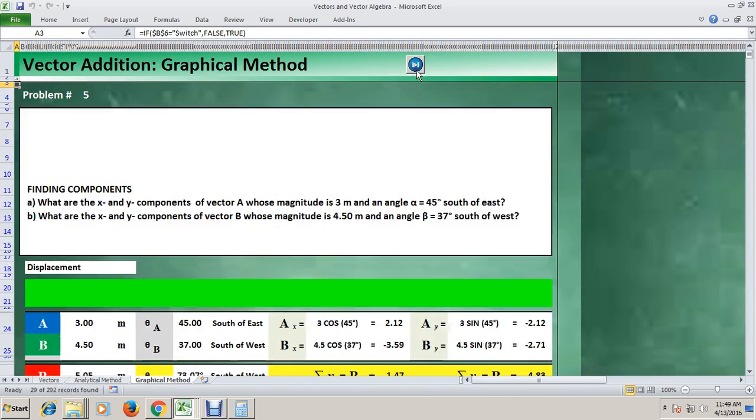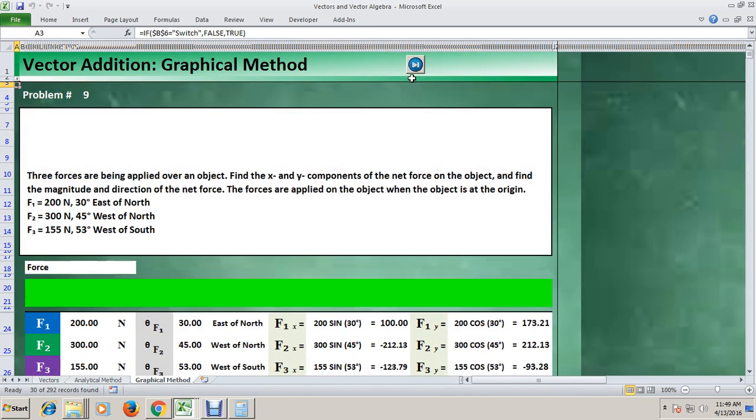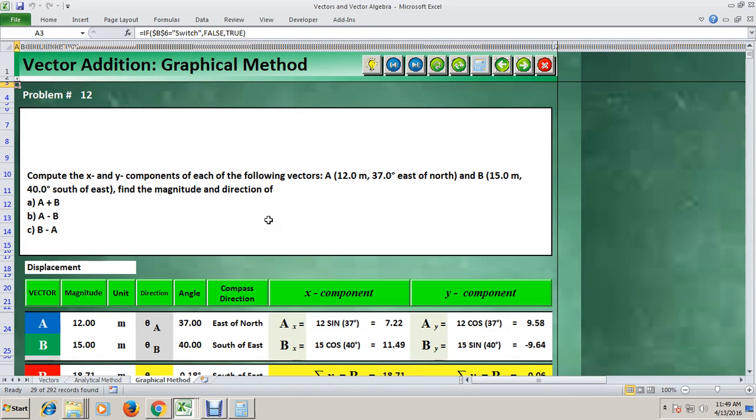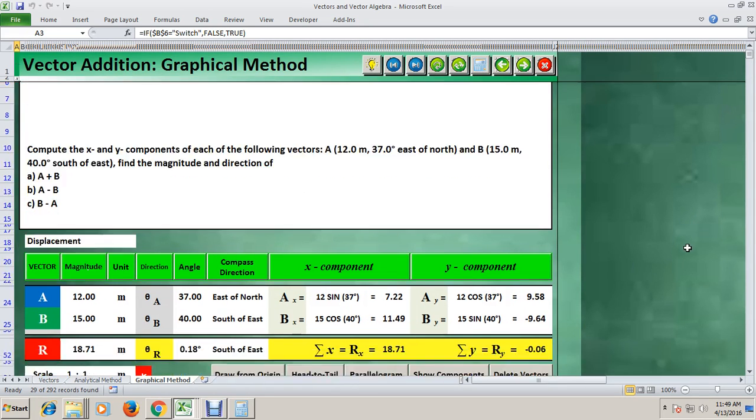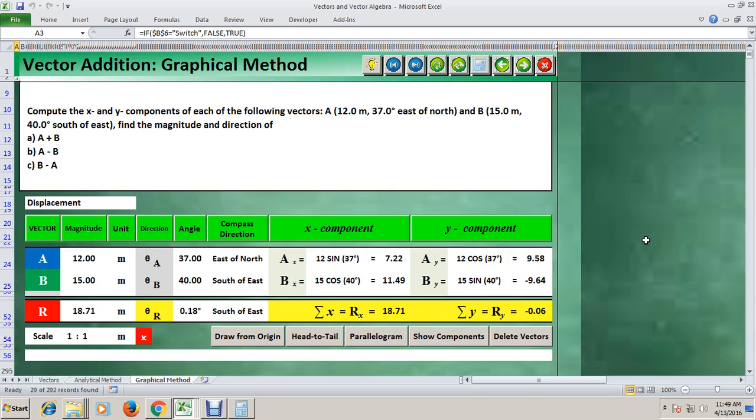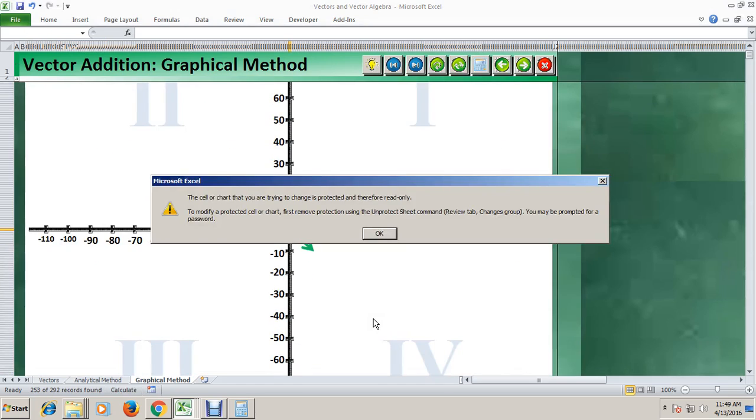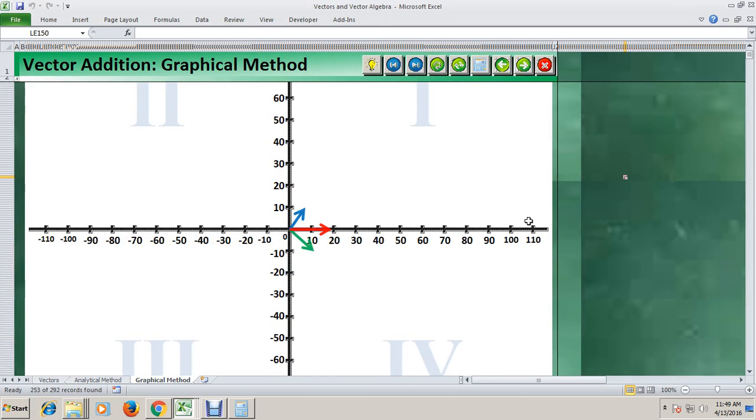Okay, so this is problem number 12. Let's try to draw. Of course, we are only given two vectors. Let's try to draw first the two vectors from the origin. Let's try to have this first as a 1 is to 10 scale.